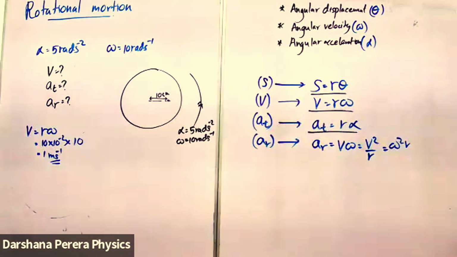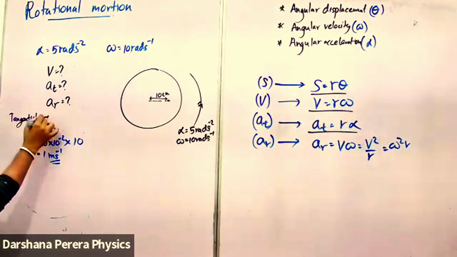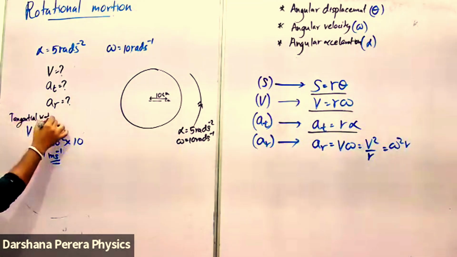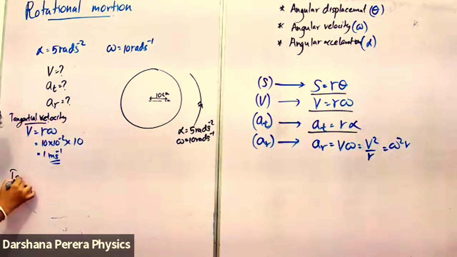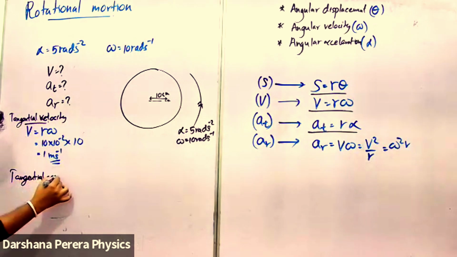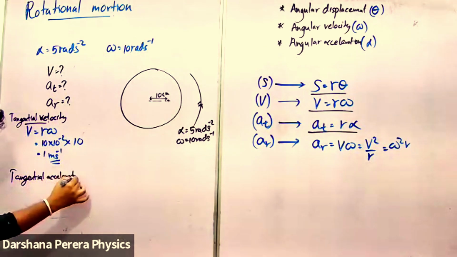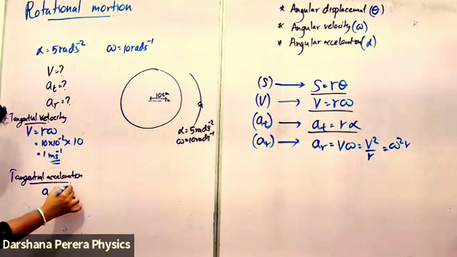Therefore, what is the radial acceleration? This is tangential acceleration. Tangential velocity. Tangential acceleration, a_T, equals R alpha.